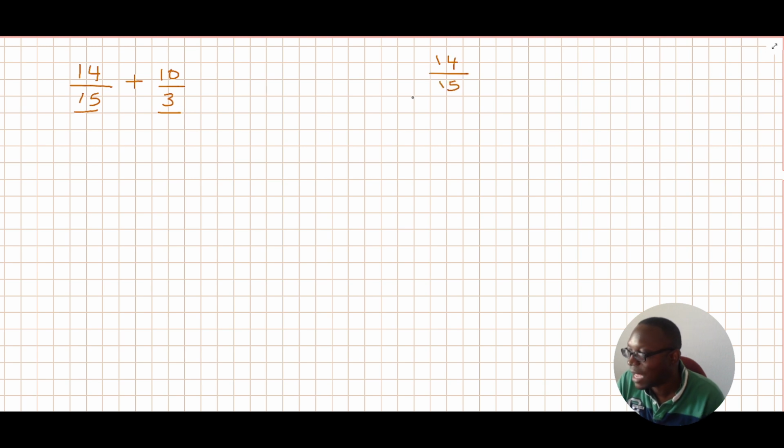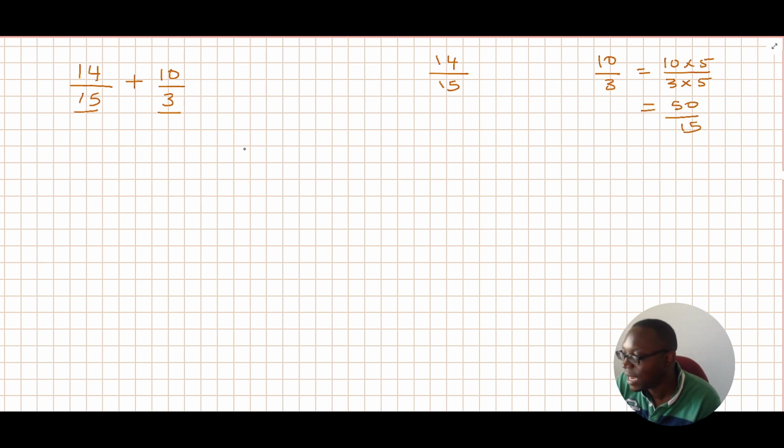We already have that with 15 as the least common denominator, so I don't have to do anything with this fraction. Then 10 over 3, we want to make sure that we get to 15 for the denominator. So that's going to give me 3 multiplied by 5. And whatever I do on the denominator, I must do on the numerator. So this is going to give me 50 over 15.